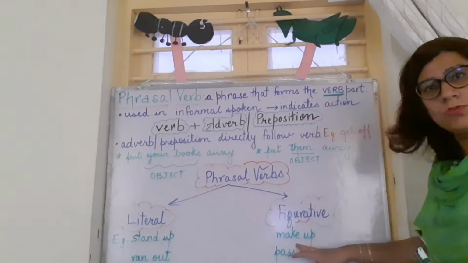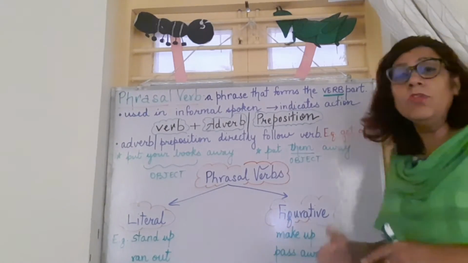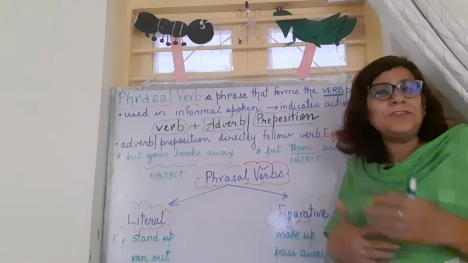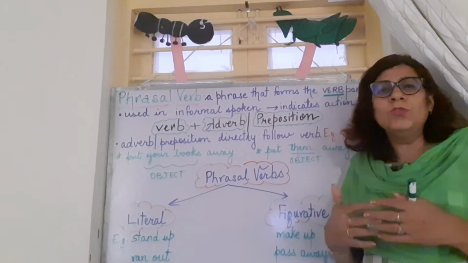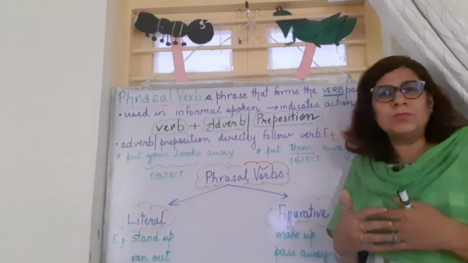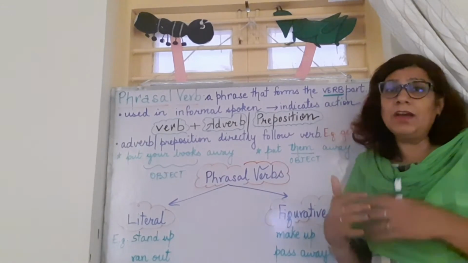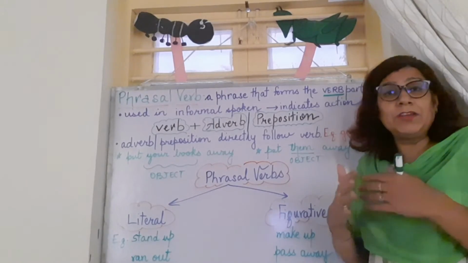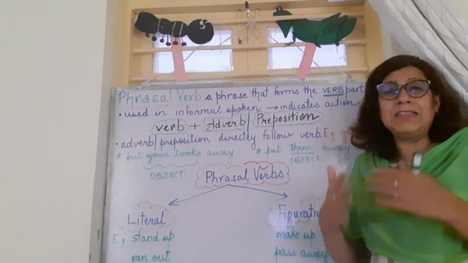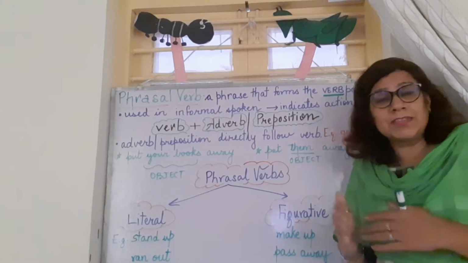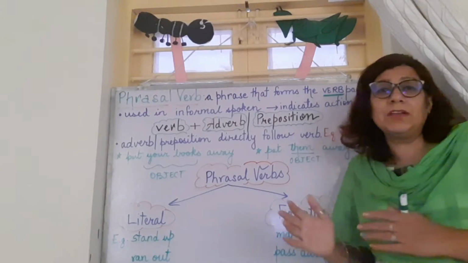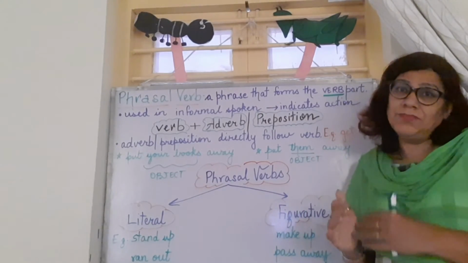Here make is to do something, but make up is when we have a fight with somebody and then we decide to come back to them, make friends with them. That time we try to make up. Or when we have lost some time because of illness or some problems and our studies have been missed, then we try to make up that part that we have missed.